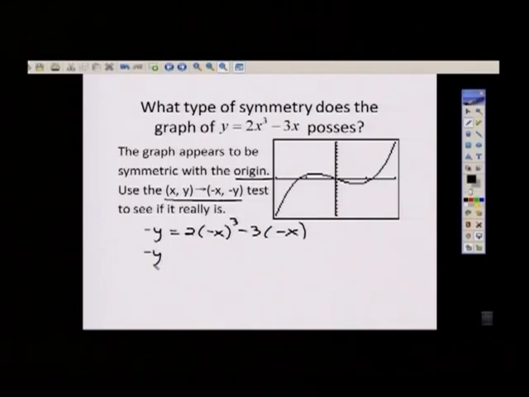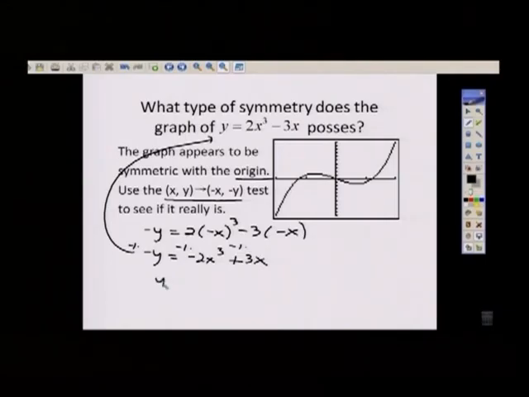So I have the opposite of y, negative y, equals negative 2x cubed and a positive 3x. Now you may look at that and say that is not the same as our original equation. But I'm going to multiply everything in this equation by negative 1.